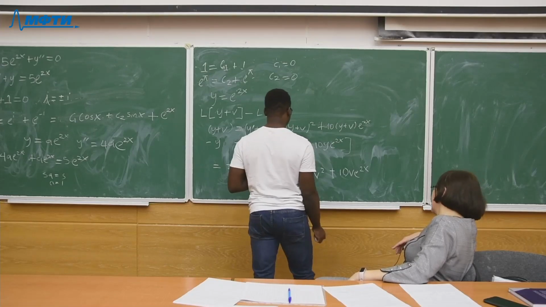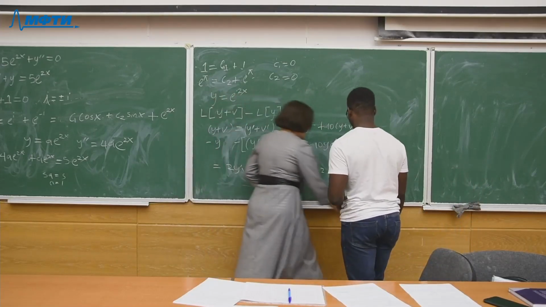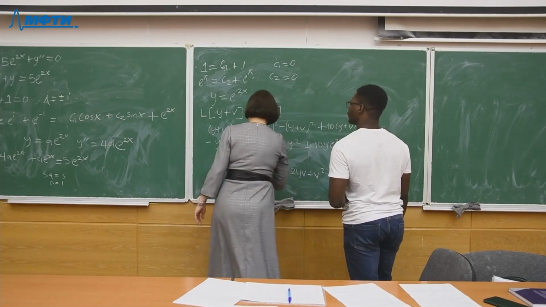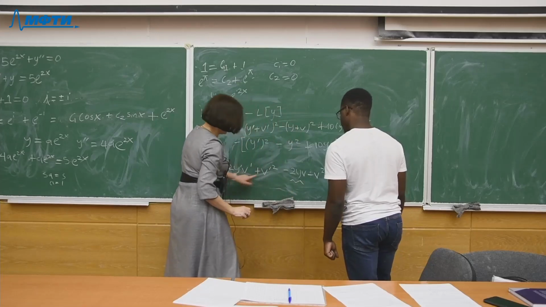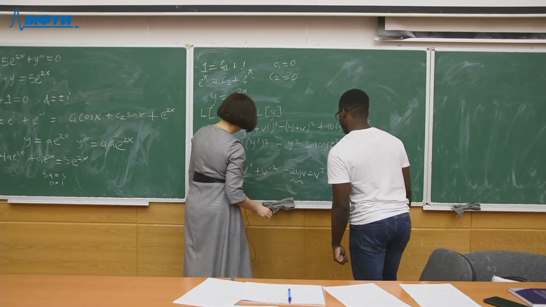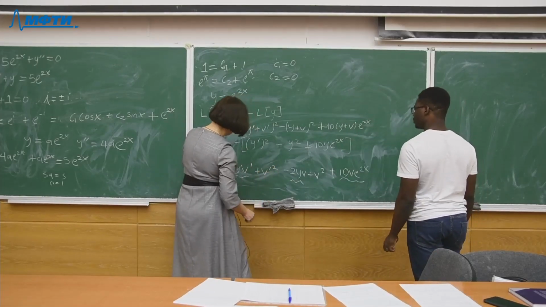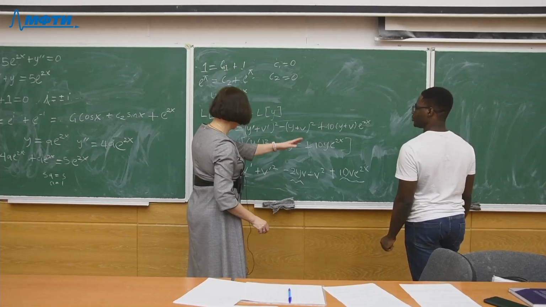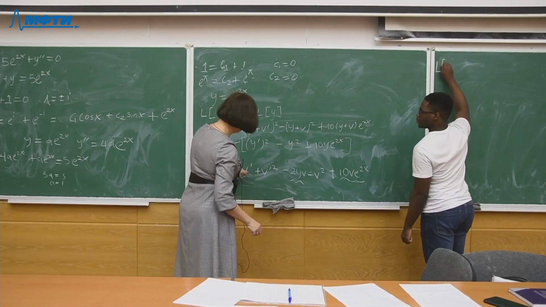It's correct. And now we should combine which terms? These linear terms, linear with respect to v prime and v. And so we should consider separately this linear part. Let's rewrite 2y prime.